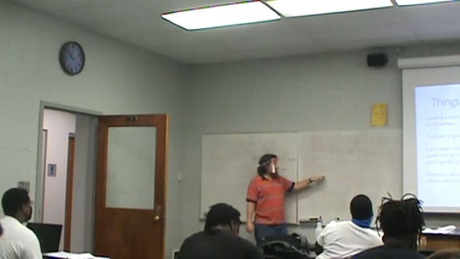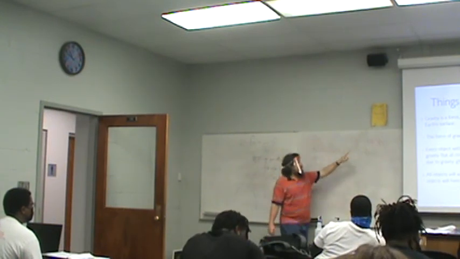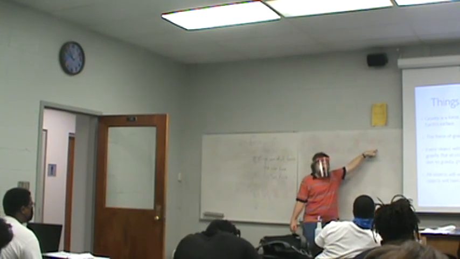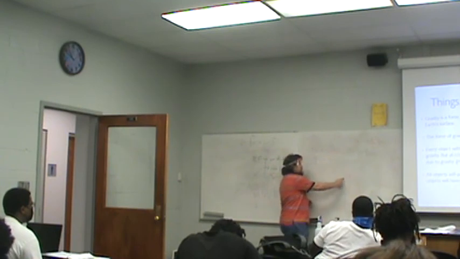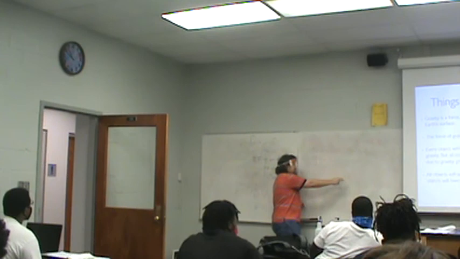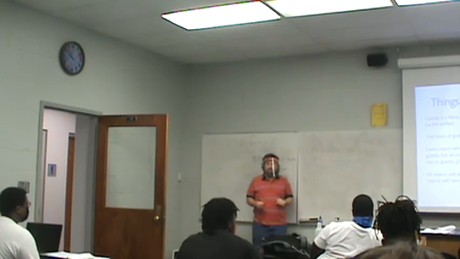So the weight of a 1 kilogram object would be negative 9.8 newtons, but this number will never be weight with units of meters per second squared on it. The only object that will ever have a weight of negative 9.8 newtons is a 1 kilogram object. That's the only time this number will be used for a weight. All right?